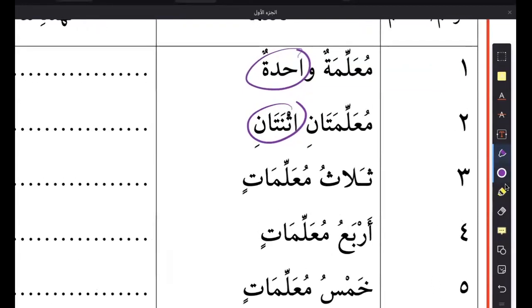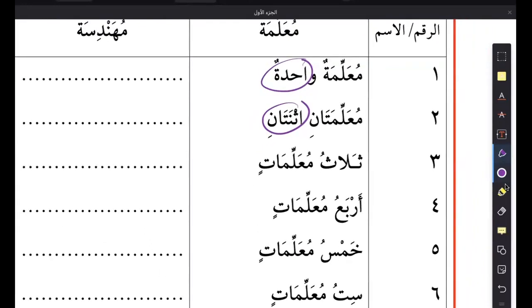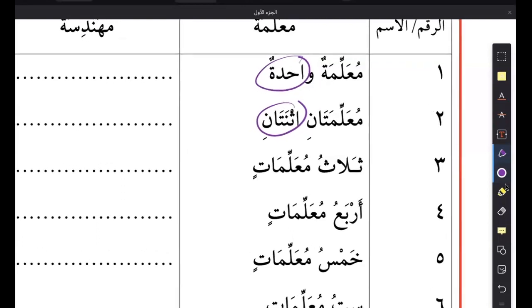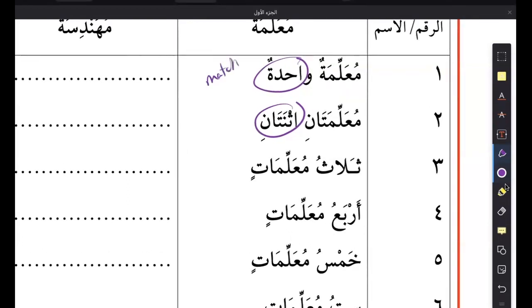I'm not talking about the number 1 and 2 by themselves. I'm talking about anytime you see 1 and 2 in any number, whether it's 1, 2, 11, 12, 21, 22, 31, 32, wherever you see 1 and 2, they will always match the gender of the thing you're describing.